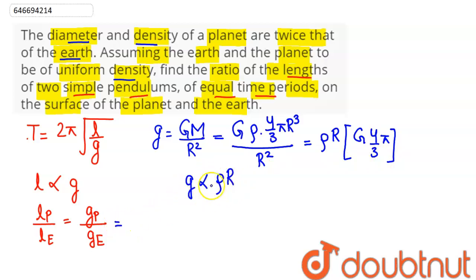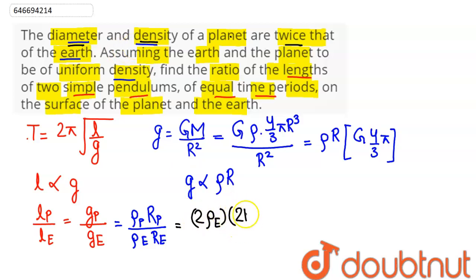So here we can say density of the planet into radius of the planet divided by density of Earth into radius of the Earth. So diameter and density of the planet are twice that of the Earth. So we can say density of the planet is 2 times that of Earth, so 2 into density of Earth, and diameter is twice that of Earth, means radius will also be twice that of the Earth.